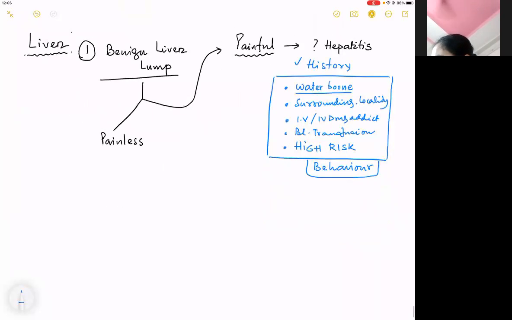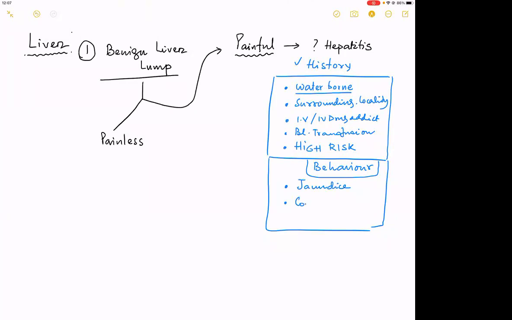Now, this is the history part of the story. Other history can include jaundice along with hepatomegaly, and along with the jaundice, constitutional symptoms. What are the constitutional symptoms?